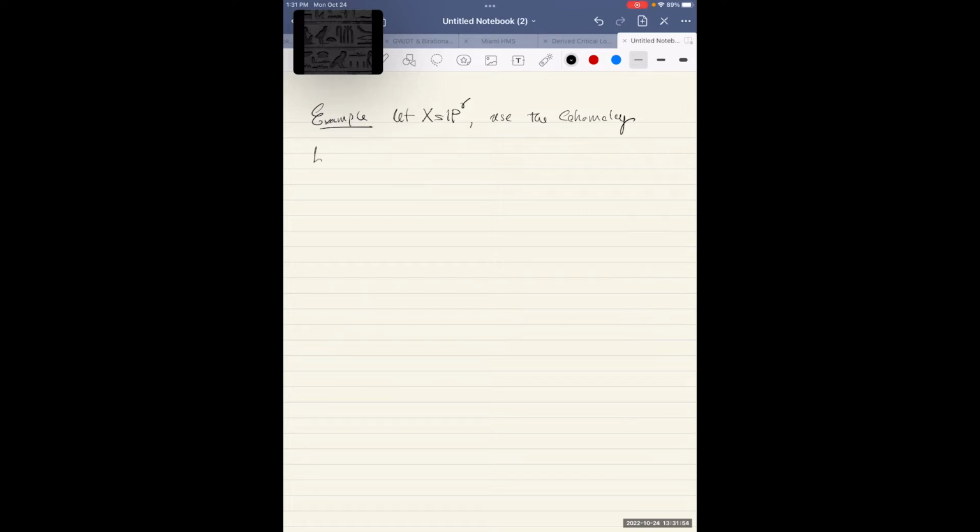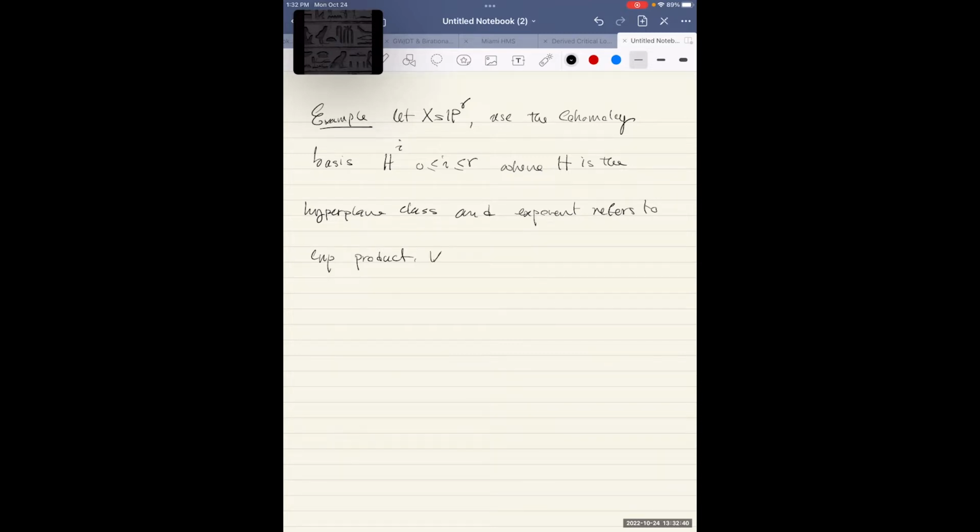Use the cohomology basis H to the i, meaning the cup product of the hyperplane class with itself i times, where H is the hyperplane class and the exponent refers to the cup product. If you take the hyperplane class intersected with itself R times, you get the point class.